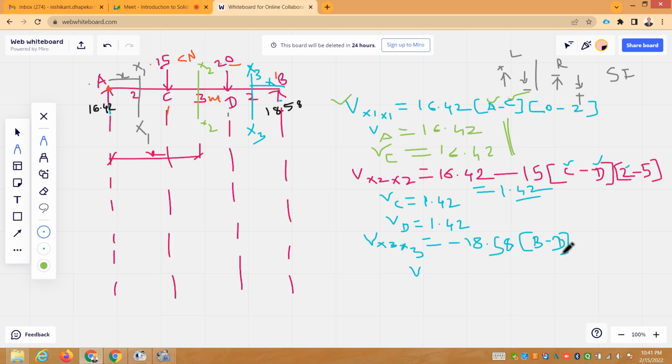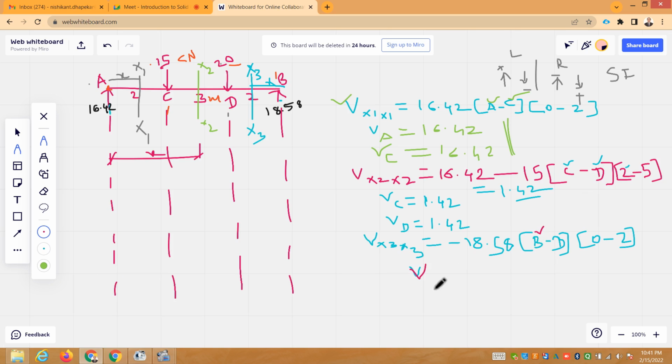If the section will be at B, x will be equal to 0. If it will be at D, x will be equal to 2. So you can easily calculate the values.